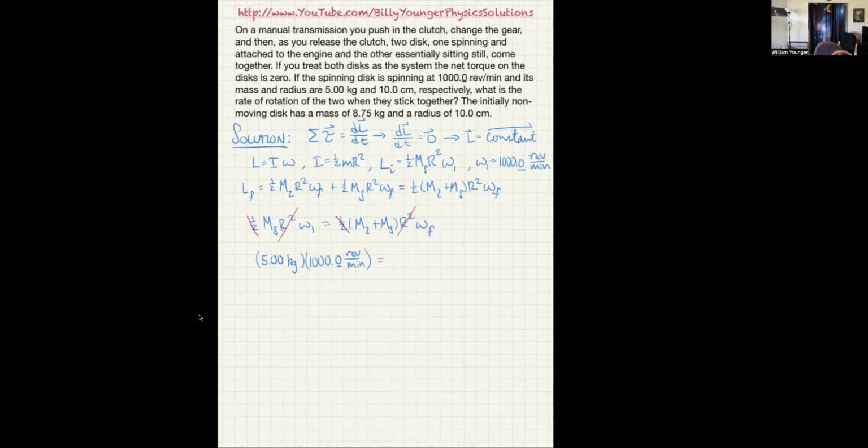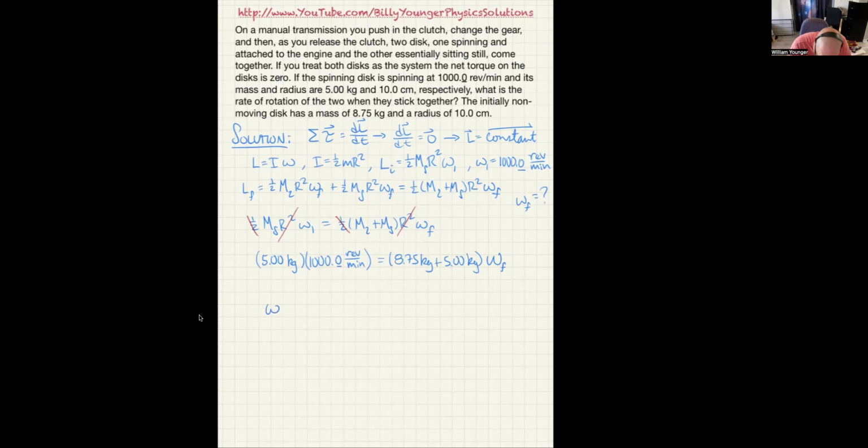And then on the other side, I should put it in the same order as I wrote above, so we have 8.75 kilograms plus 5.00 kilograms, and then all of that is times omega f, which is what we're looking for. Just to remind ourselves, omega f is the question mark.